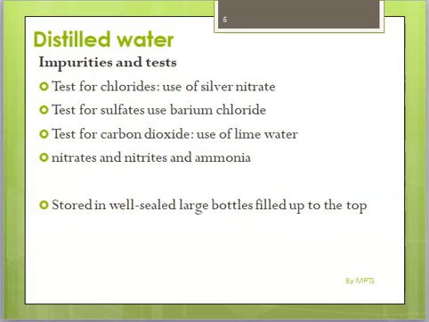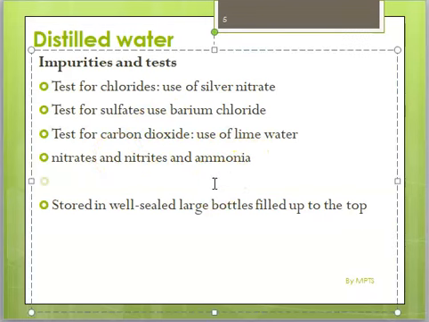The impurities of water include chlorides, tested using silver nitrate, and sulfates, tested using barium chloride. Here I'm sure you know that you can trace the equations and the observations. Also nitrates and ammonia.